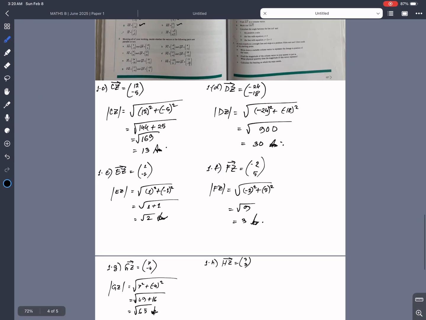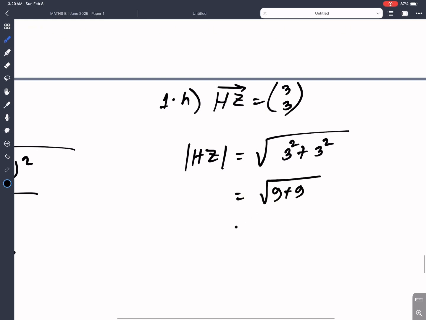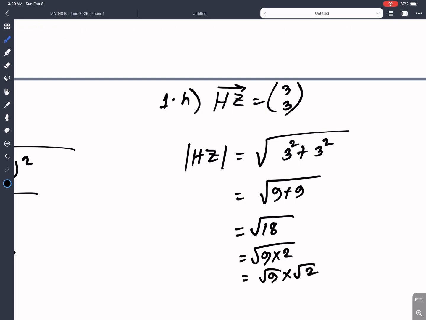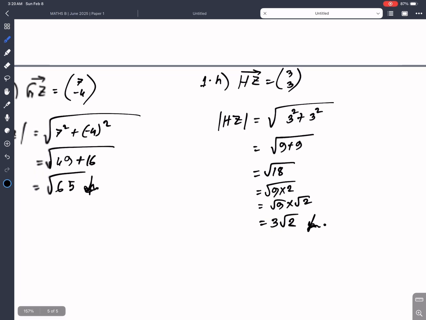So the modulus for HZ is root over 3 square plus 3 square, 9 plus 9, root over 18. What can we write? 9 into 2. So root over 9 into root over 2. Sorry, I'm doing it manually. It's 3 root 2. This is the answer for 1H.